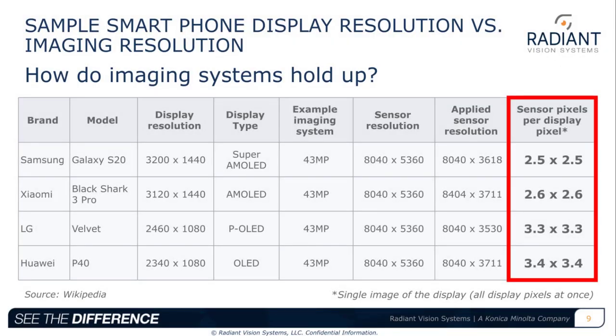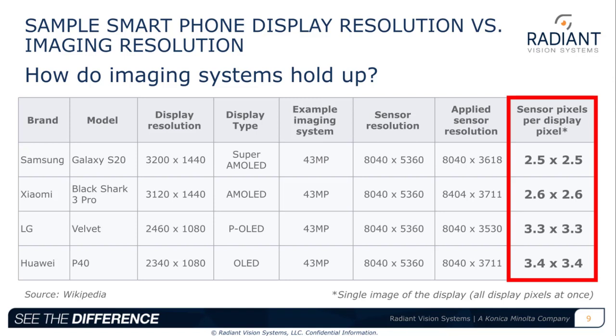So 2 slides ago, I showed an image where the measurement pixels were about 10 across for one display pixel. But let's take a look at what's happening now in the marketplace. You can see that the latest cell phones that are being delivered have 3000 by 1500, 2500 by 1000 display resolution.